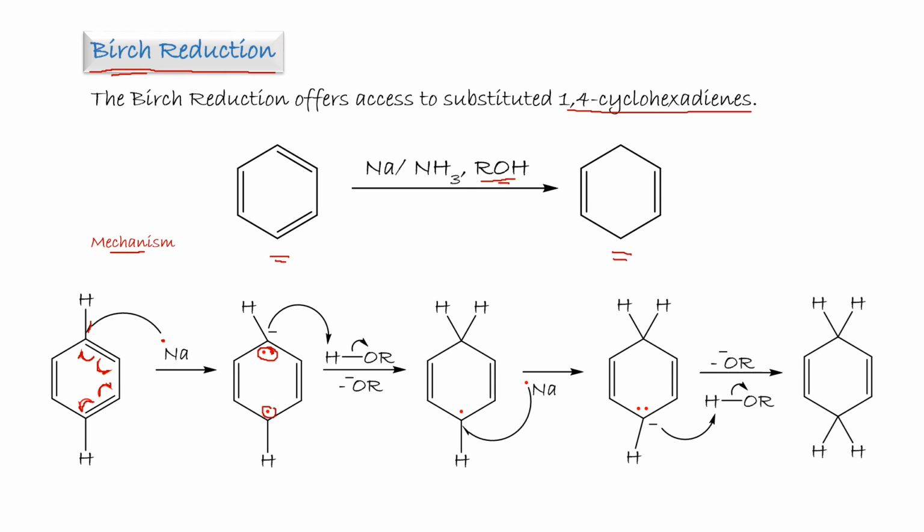So we have a radical anion intermediate. Then this anion will react as a nucleophile, as a base, abstract the hydrogen from the alcohol, and then this radical will get another electron from sodium to form an anion. Once again, proton transfer to form 1,4-cyclohexadiene.